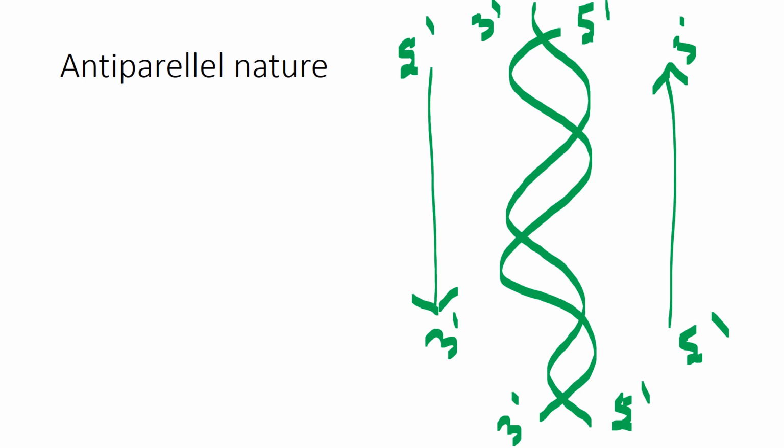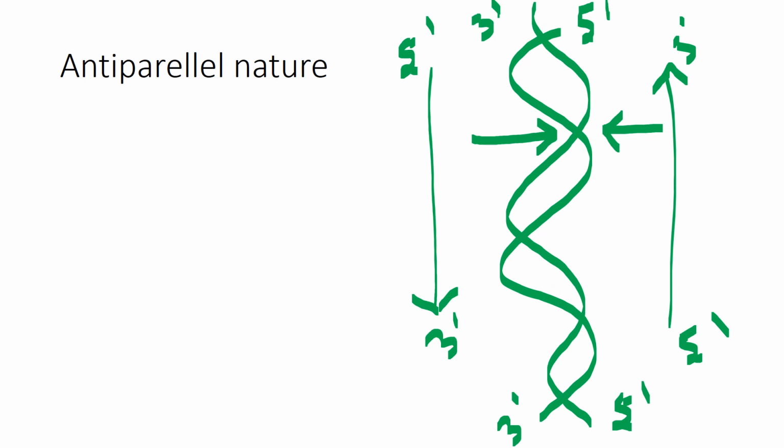Apart from this, one more important characteristic was explained, that there is a major groove and a minor groove in a DNA at one point, right? So at a single point there will always be one major and one minor groove. See over here, this is a minor groove, then there is a major groove, then again a minor groove, again a major groove.